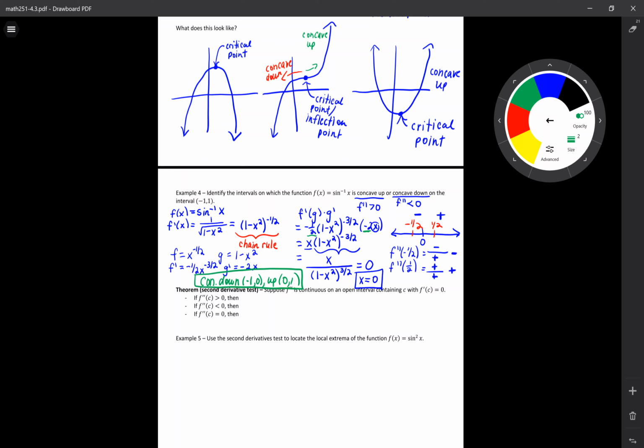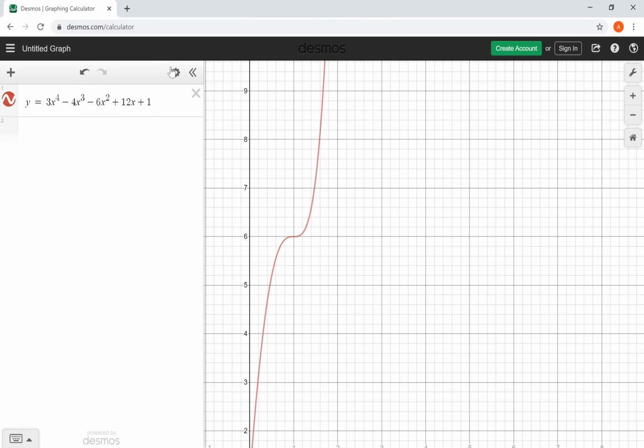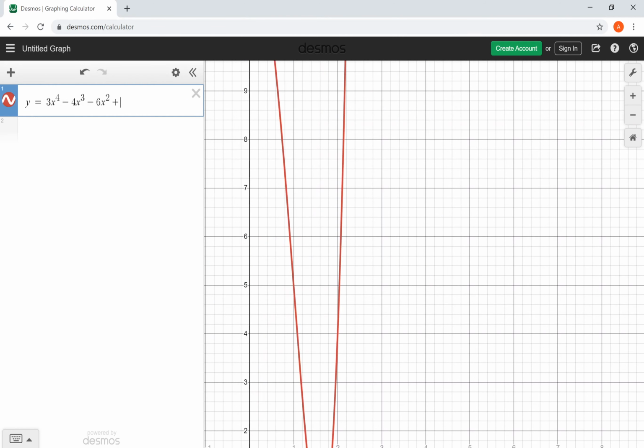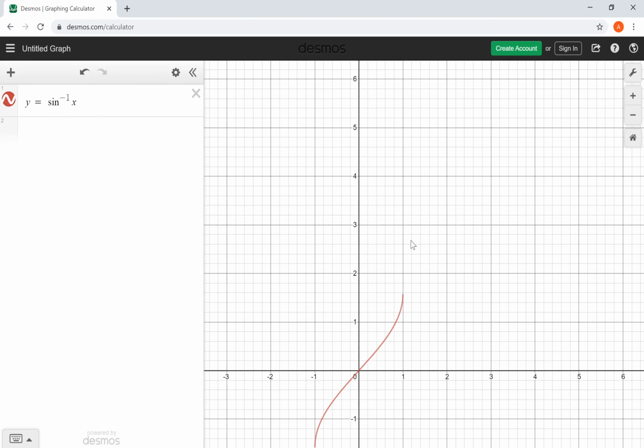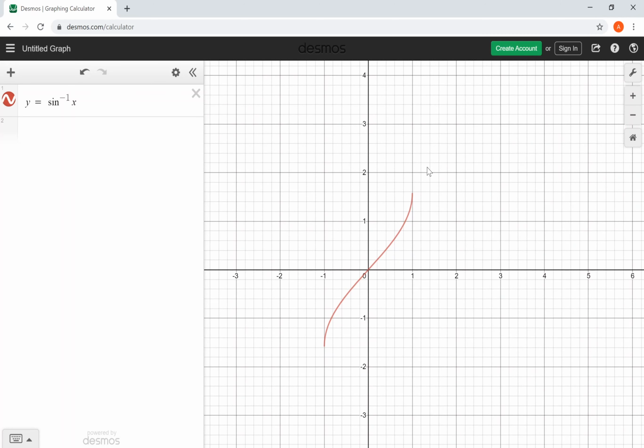So let's graph this function to see what is going on here. So if I graph sine inverse of x, it doesn't look bad, does it? All right, this is what our function looks like. In fact, it's only defined from -1 to 1 here.